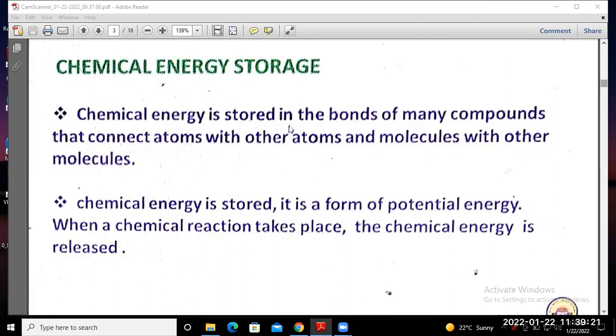What is the example for the chemical energy storage system? कोल हम लोग यूज करते हैं. हेलो.